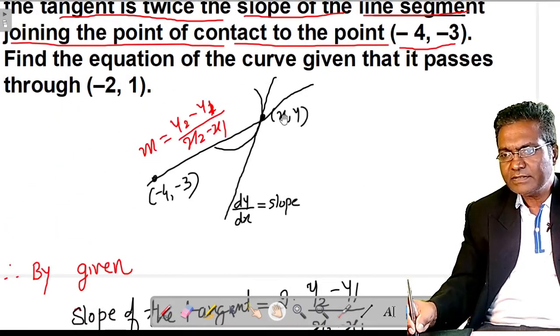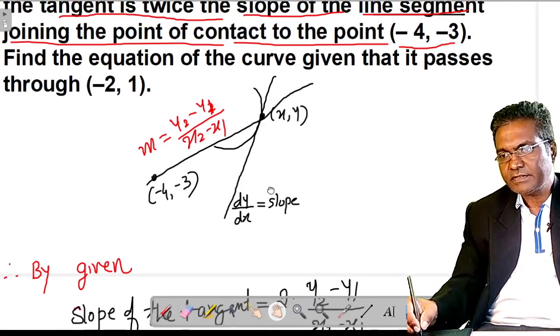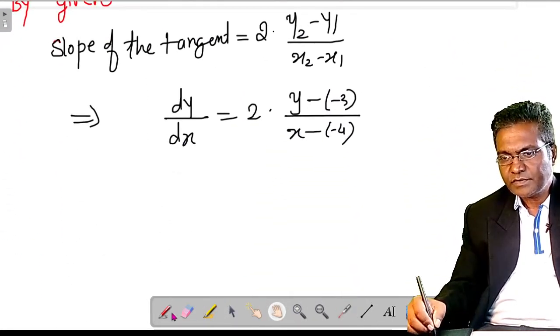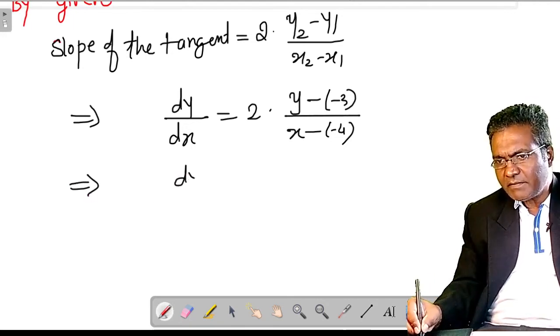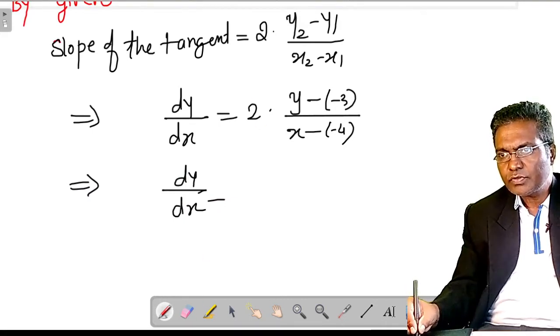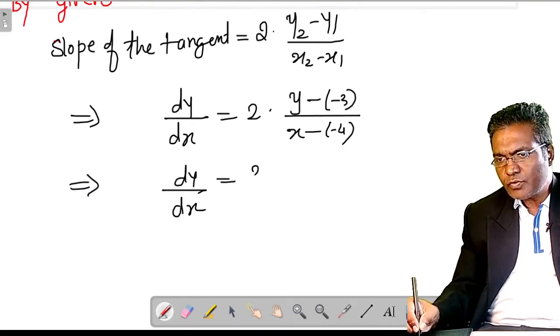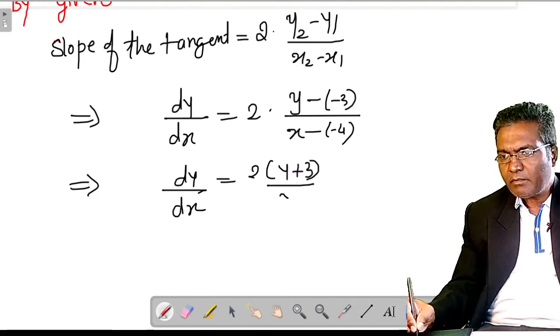I have taken this as (x2, y2) and this as (x1, y1). So dy by dx equals 2 into (y plus 3) by (x plus 4).